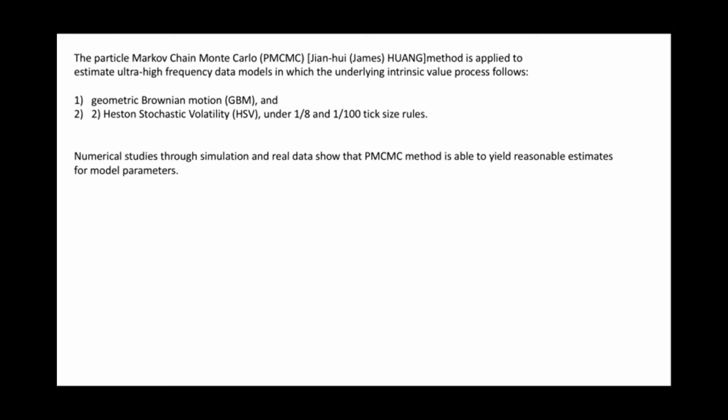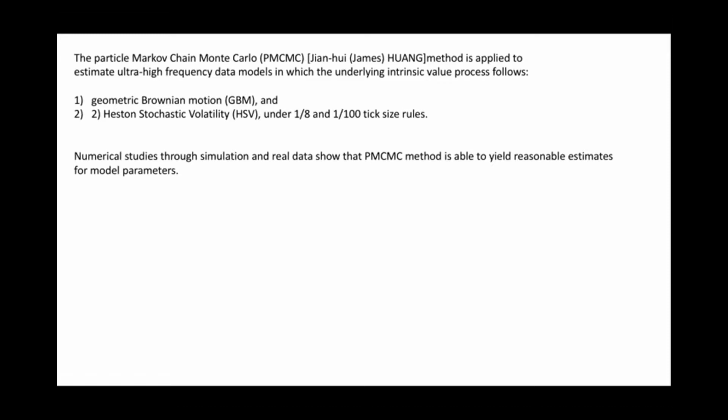The point is, you can use any stochastic process you want, and the PI of the project already had geometric Brownian motion code working before we came, and part of this project was to add the HSV code to it.